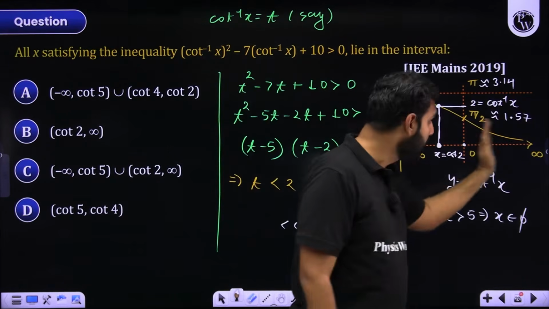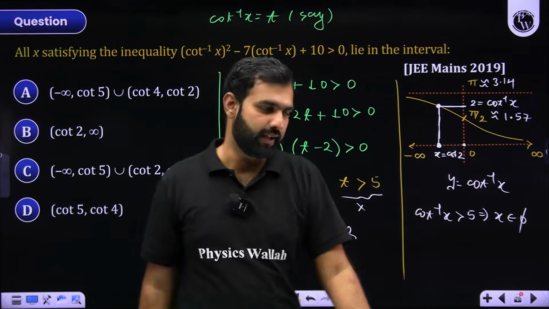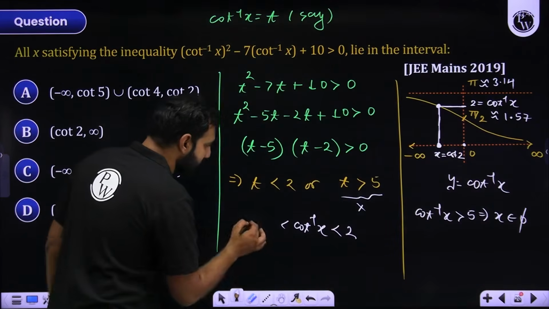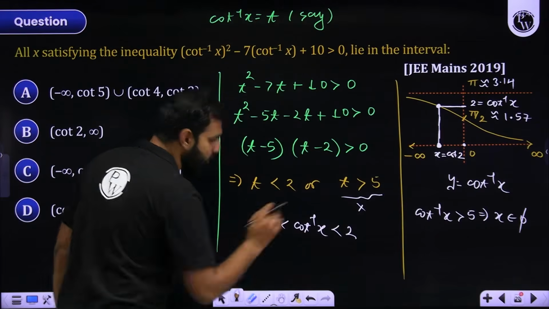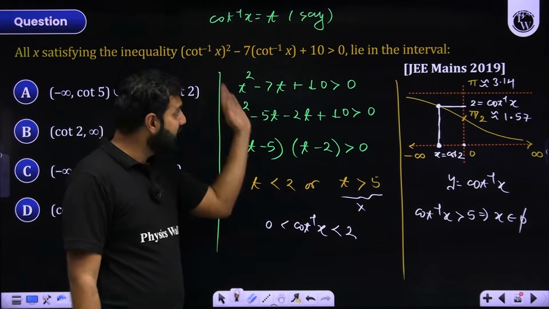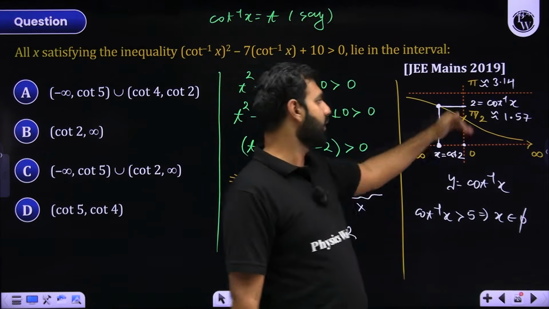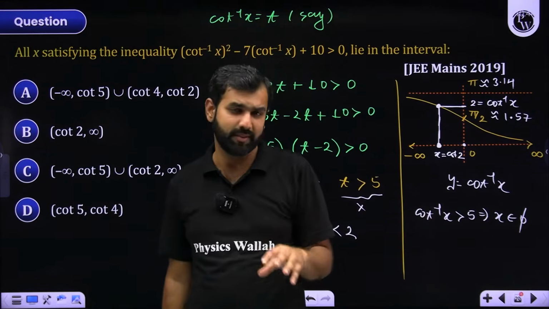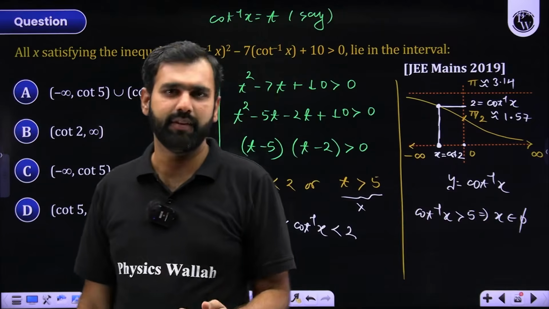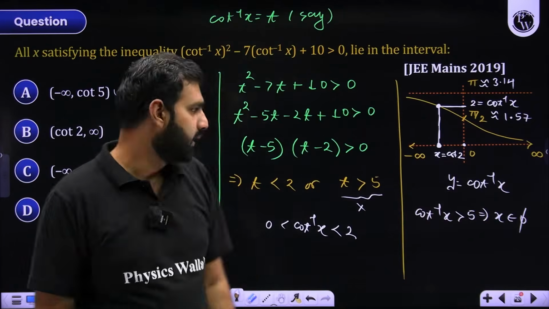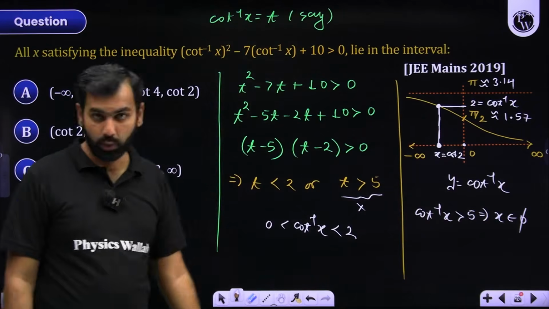That is also approached when x approaches infinity. So I'll say cot inverse x lies between 0 and 2. 2 because as per this question it should be less than 2, and 0 because we know from the graph of cot inverse x that the minimum value can be 0. That is an open interval. We cannot include 0 here.